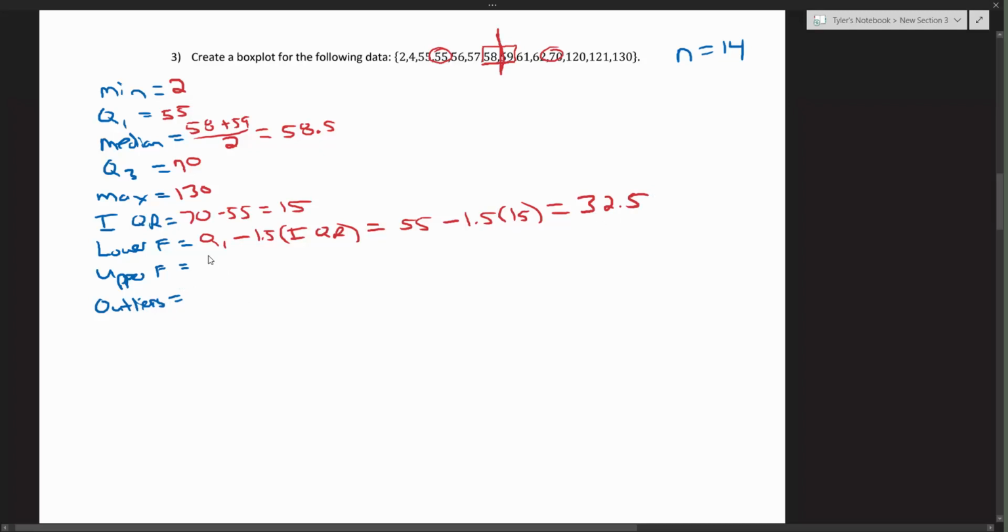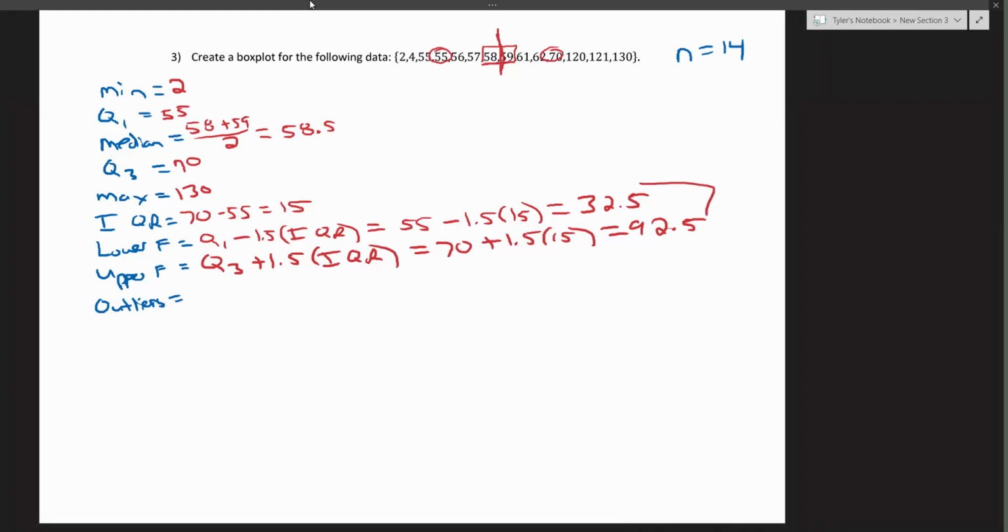And then the upper fence is Q3 plus 1.5 times the interquartile range, which is 70 plus 1.5 times 15. So 70 plus 1.5 times 15 is 92.5. These values are going to help me identify outliers.